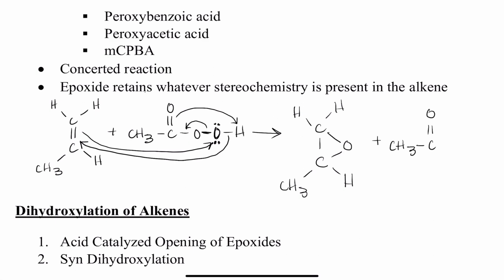And then a carboxylic acid. It's a lot of arrow movement, so again, I wouldn't get too detailed with the mechanism, but just be familiar that whenever you see a peroxy acid, you're generating an epoxide. And some of your side product will have some type of carboxylic acid.